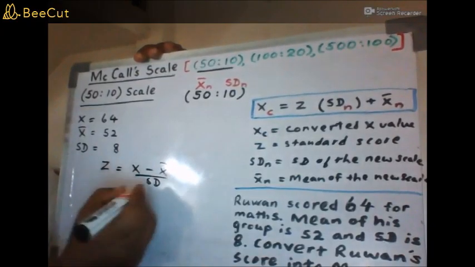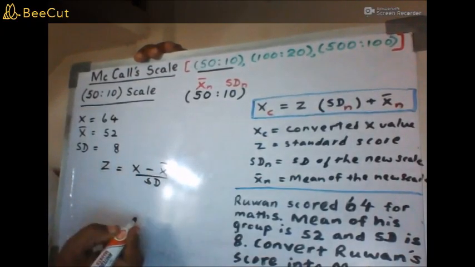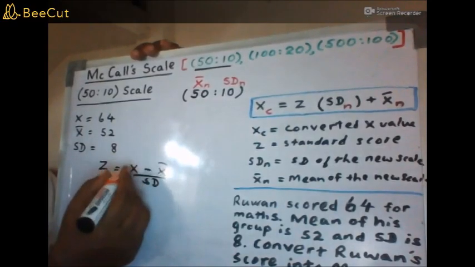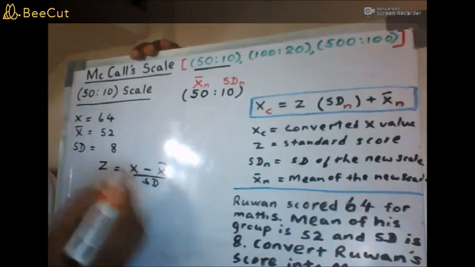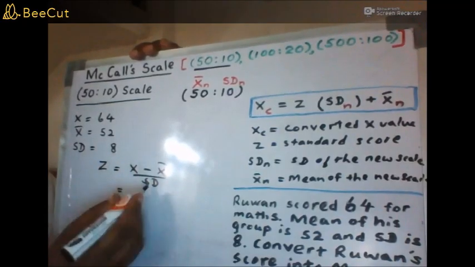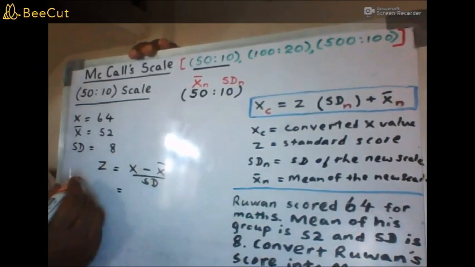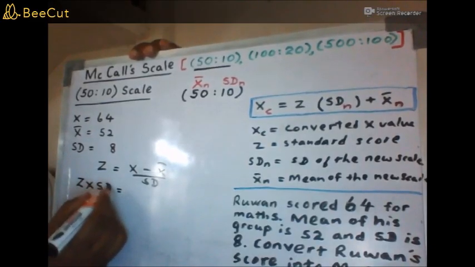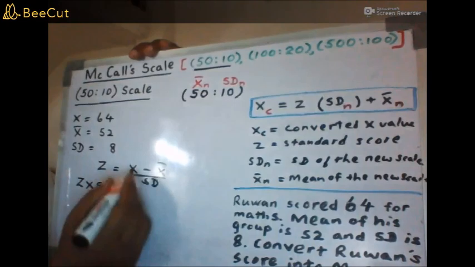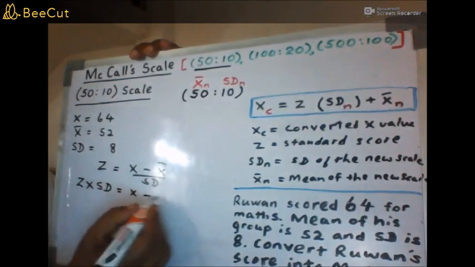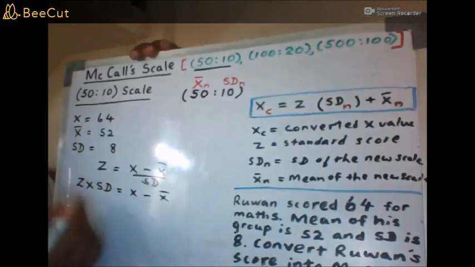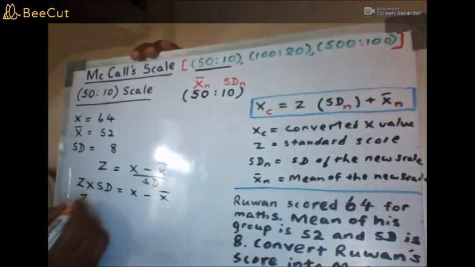Here we have to find this x, the mark. So we cross multiply. We can write z into SD equals x minus x bar. You don't have to remember this, I'm just showing.